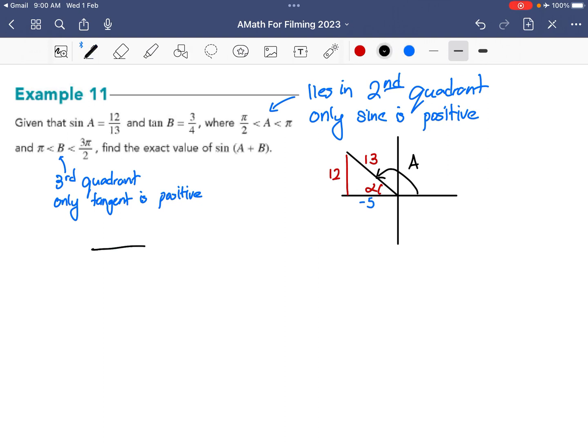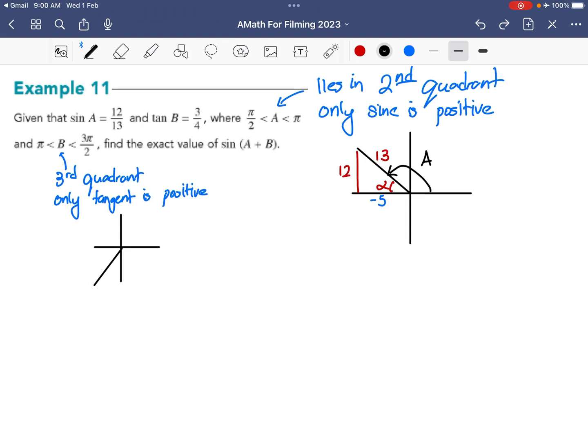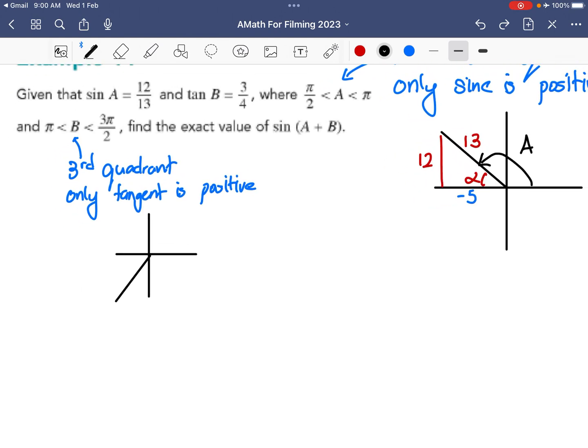Now we will do the same for angle B. Angle B is in the third quadrant, like this. Tangent B is 3 over 4, so this is the reference angle for the third quadrant.